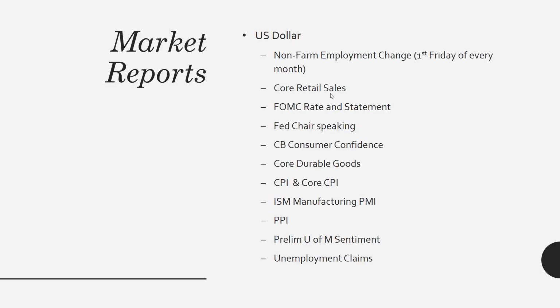You also have the core retail sales, the FOMC rate statement, the Fed chair speaking, the CB consumer confidence, the core durable goods, the CPI and core CPI, the ISM manufacturing PMI, the PPI, the preliminary University of Michigan sentiment, and unemployment claims.